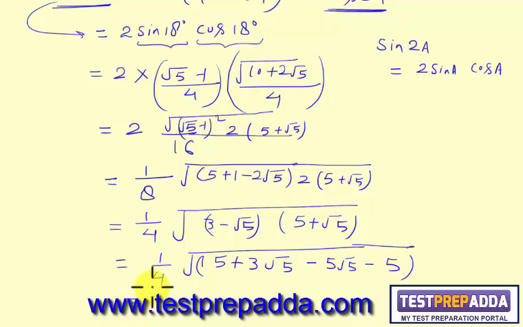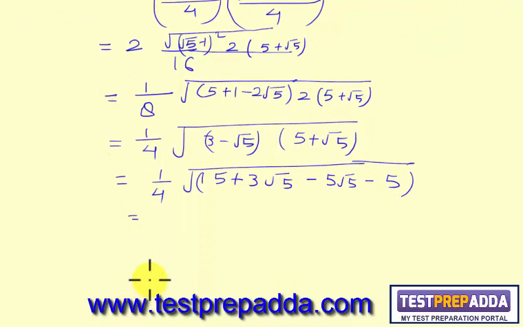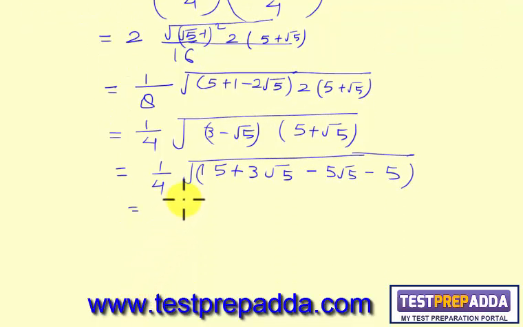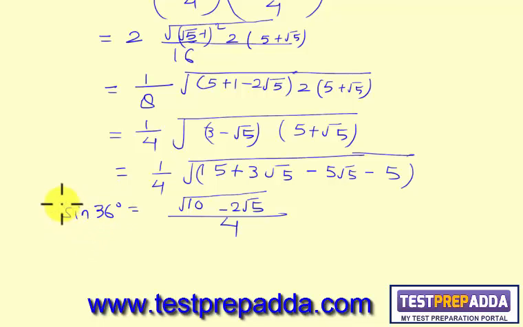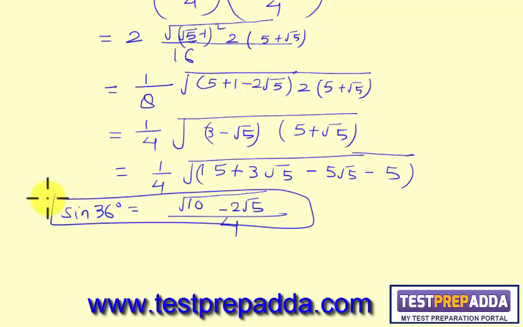Got it? Now it can be written as root 10, root 10, 15 minus 5 is 10, and here it becomes minus 2 root 5 upon 4. So this is the value of sine 36 degree.